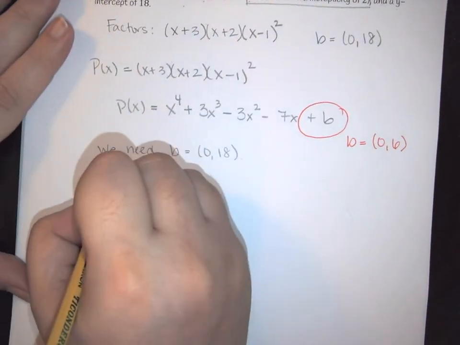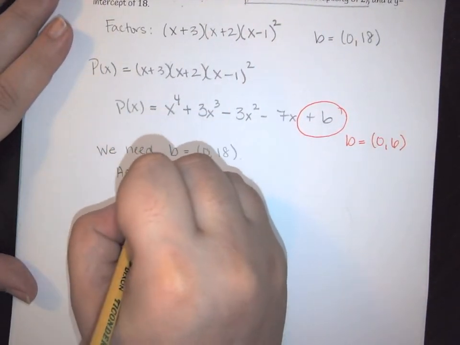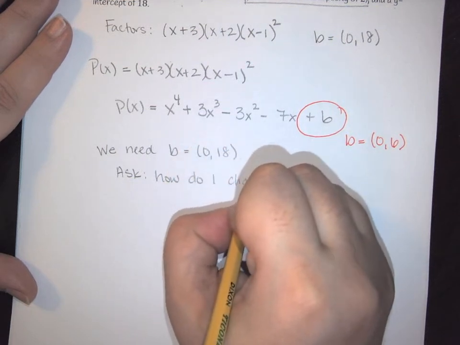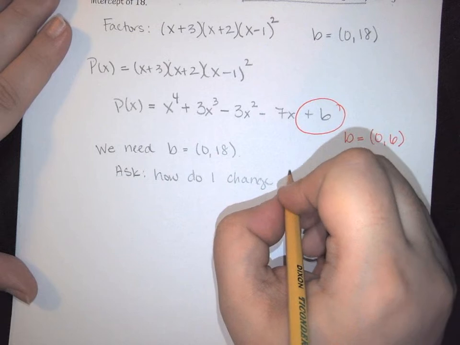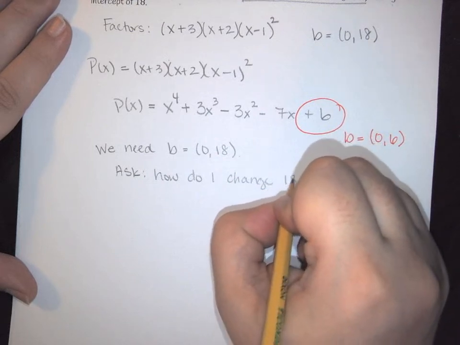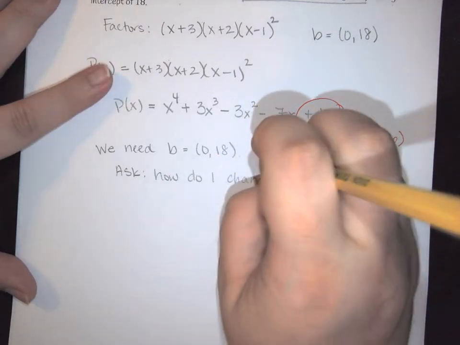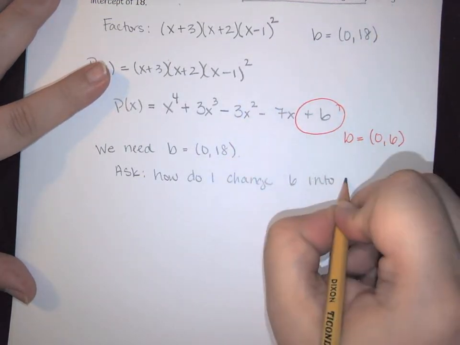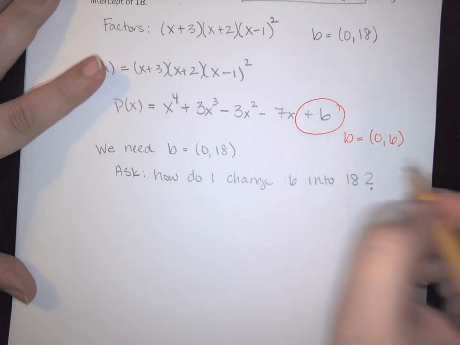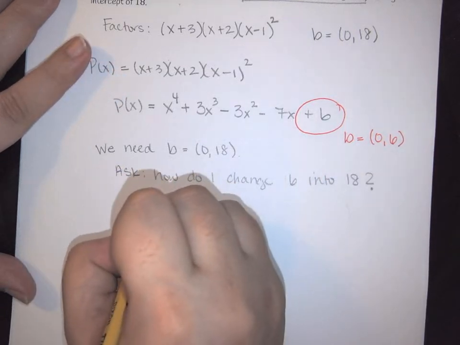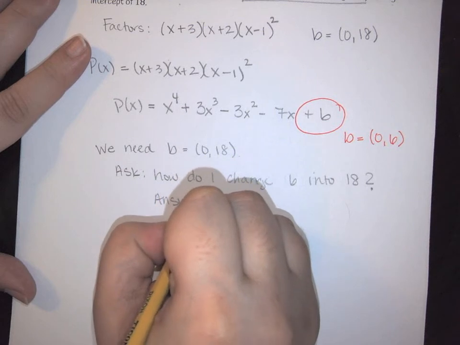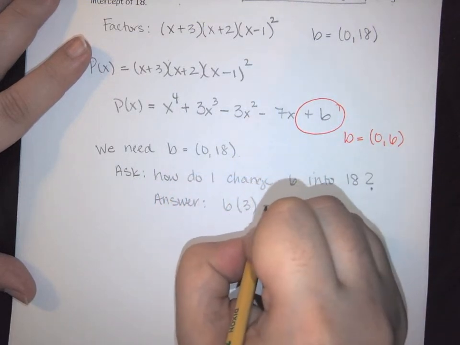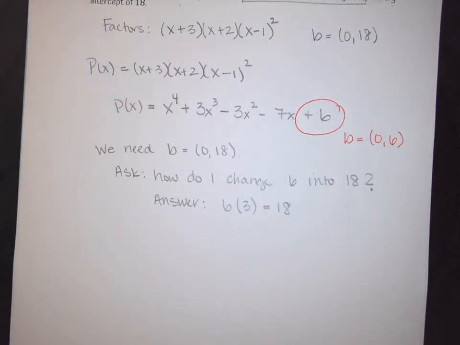So the question you have to ask yourself is, how do I change 6 into 18? Well, in this case, we have an answer: if I take my 6 and multiply it by 3, I get 18 as a result.